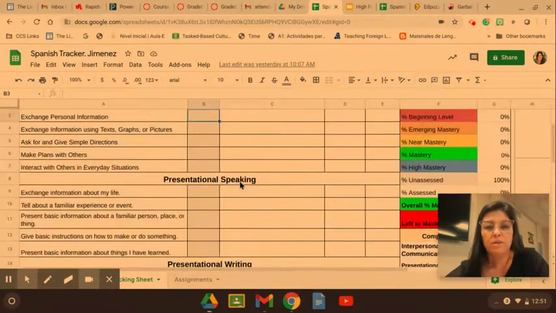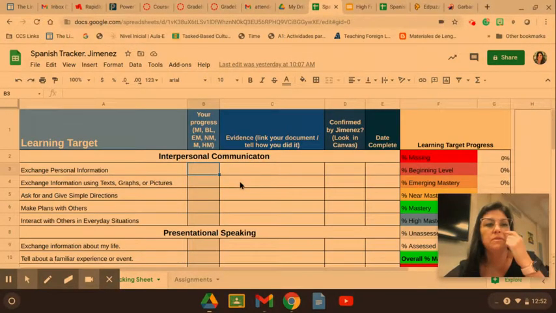All right. We talk about this. I already shared it with you. It's the Spanish tracker. I shared this with you because it will help you to track your grade.